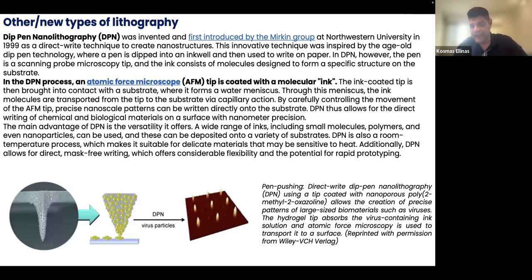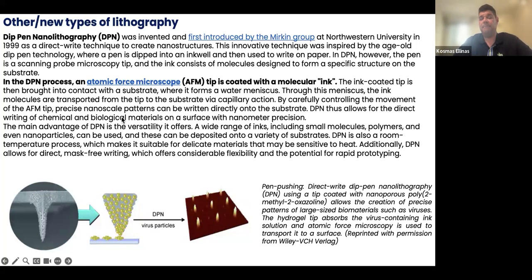Another interesting technique is dip pen lithography, in which you have a very sharp tip that you can coat with some biomolecules or other things, and this can be applied in specific places on a substrate, creating a specific pattern of biomolecules.